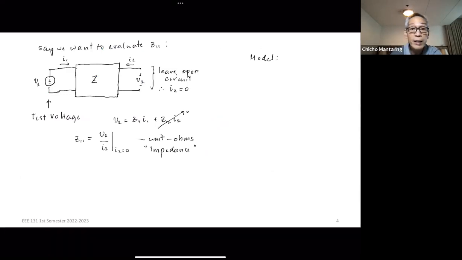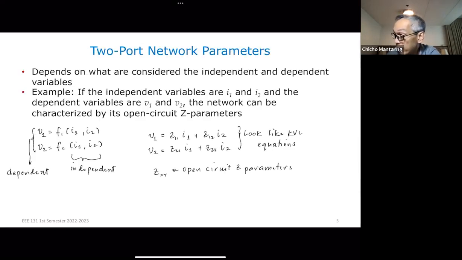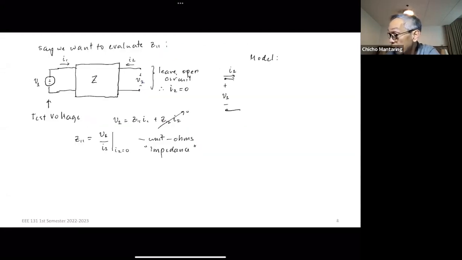So let's take a look at port 1. Port 1, I have V1. I have a current flowing I1. What will represent this voltage drop? That will be represented by I1 flowing through Z11. So I have here an impedance equal to Z11. So I1 flowing through Z11 will represent a voltage drop across Z11, which is Z11 I1.